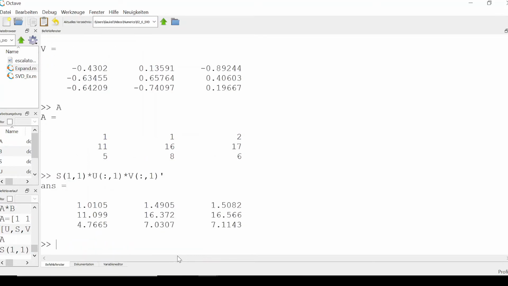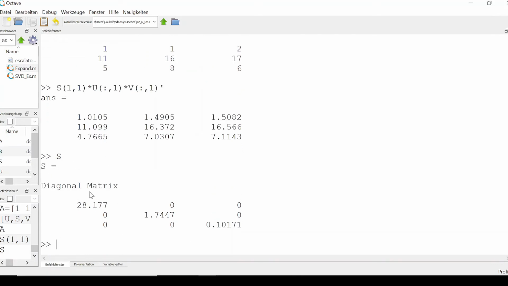And then let's compare that, and you see 1 compared to 1.01, 11 compared to 11.099, and 5 compared to 4.7. 1 compared to 1.49, 16 compared to 16.37, and 8 compared to 7. 2 compared to 1.5, 17 compared to 16.57, and 6 compared to 7.11. So most of the matrix A is explained by this first part of the sum.